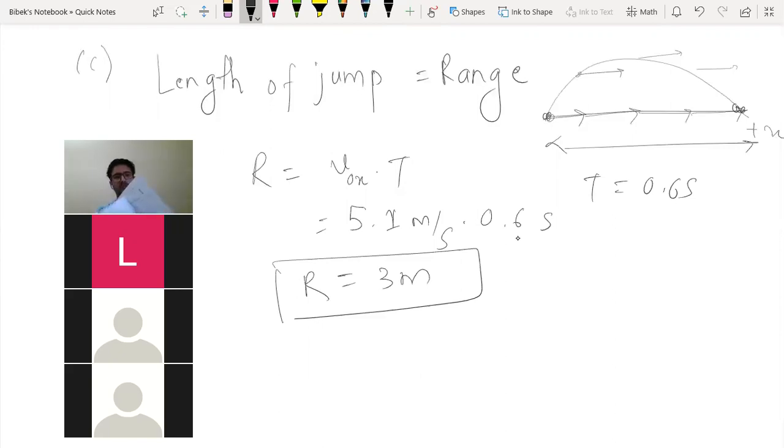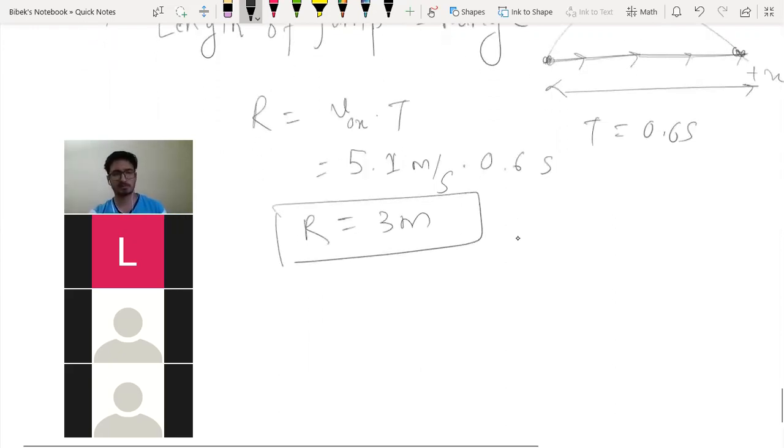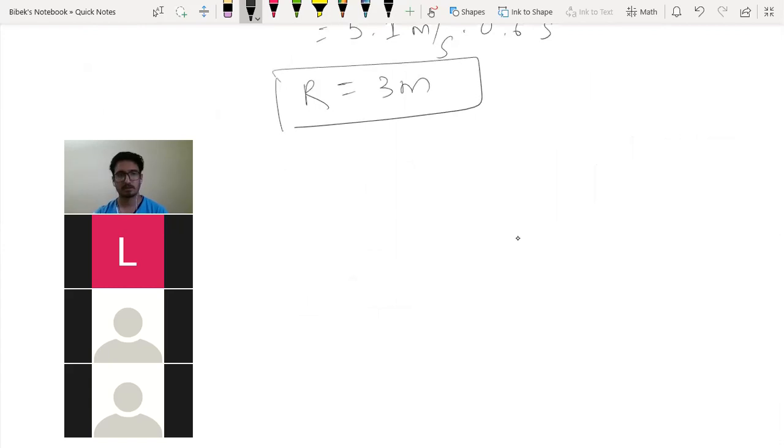Now we come to the last part of the problem, which is asking you to find the same thing the other problem was asking earlier. It's asking you the final velocity. It's also like a vertical projectile. You fire it with a launch angle and it comes and hits the ground with a velocity. So you have an x component and a y component.